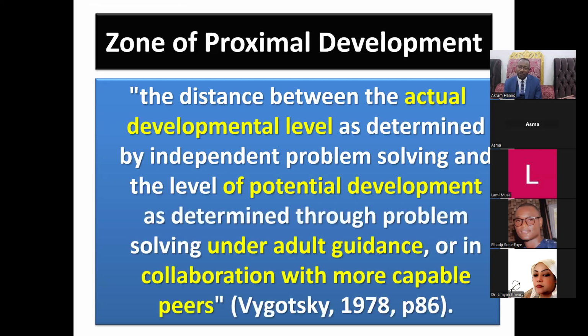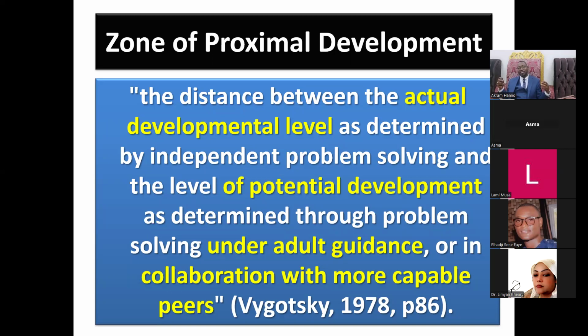The distance between the actual developmental level as determined by independent problem solving and the level of potential development as determined through problem solving under adult guidance or in collaboration with more capable peers. And this is in terms of the class.